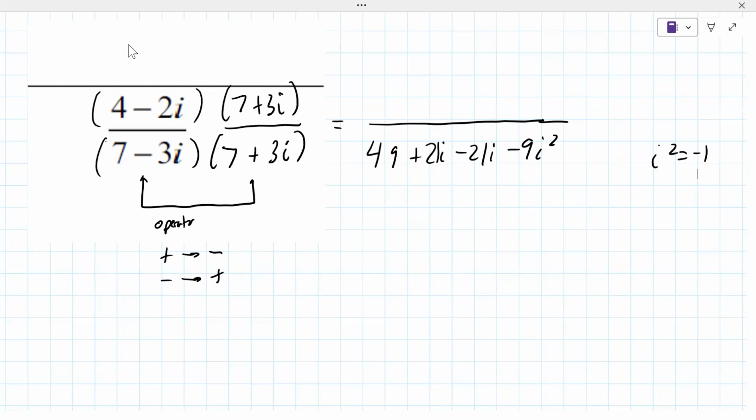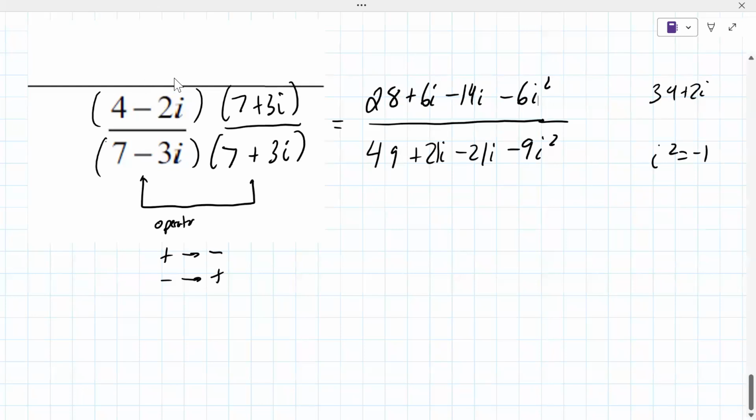I got 34 plus 2i. Okay, so you said 34 plus 2i, like that? Yeah. Okay, let's take a look here. So it's 28 plus 6i minus 14i minus 6i squared. So I get a different middle number. Oh, I misadded here.